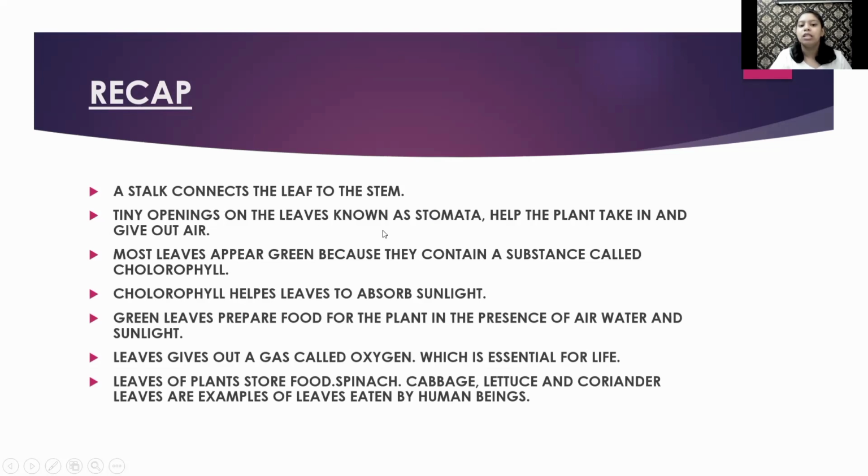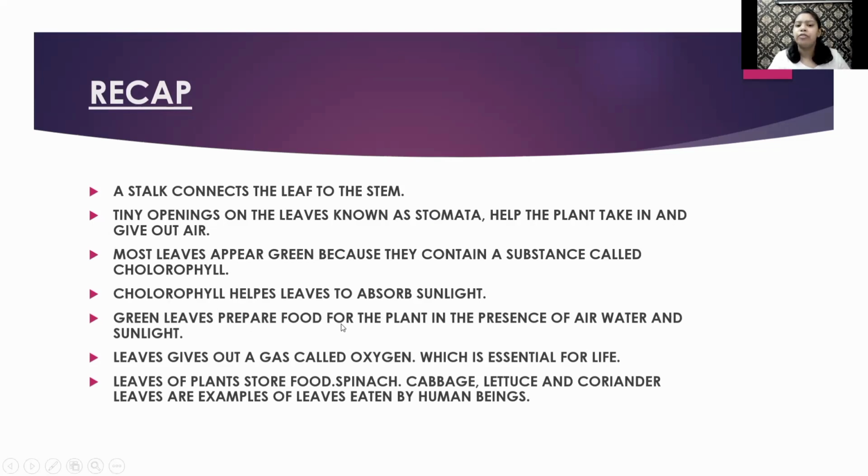Tiny openings on the leaves called stomata help the plant take in and give out air. Most leaves appear green because they contain a substance called chlorophyll. Chlorophyll helps leaves to absorb sunlight.